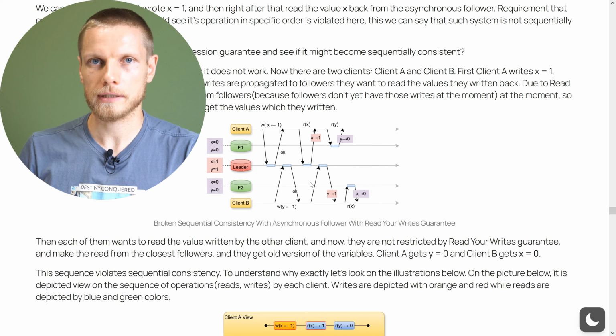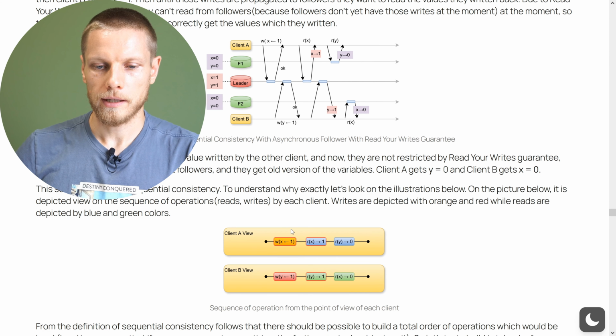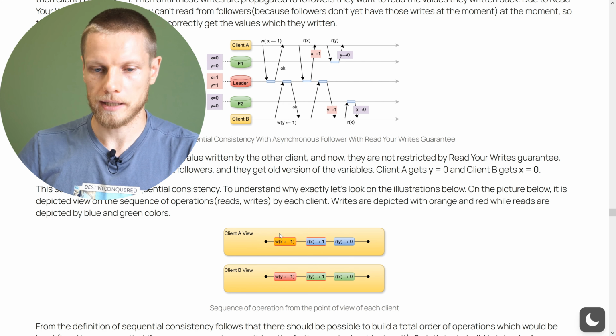And this sequence contradicts sequential consistency. Let's see why. Let's depict our writes and reads, all operations of each client separately: client A's view on the operations and client B's view on the operations. The writes are depicted with orange and red, while reads are depicted with blue and green.